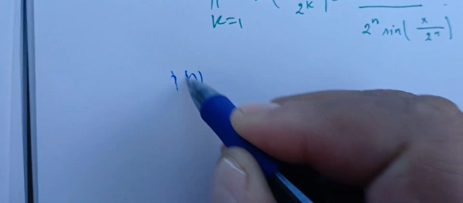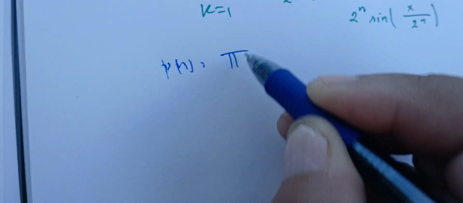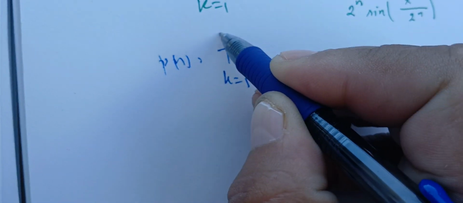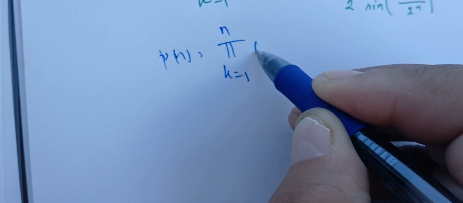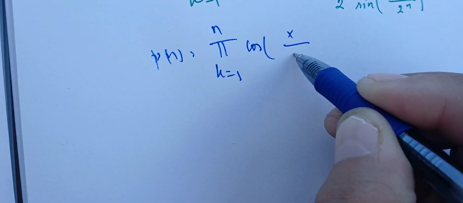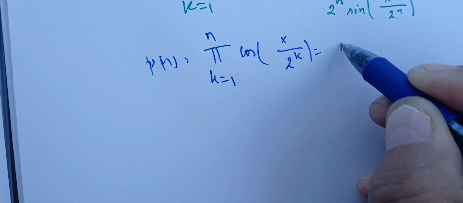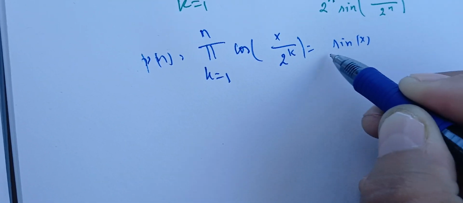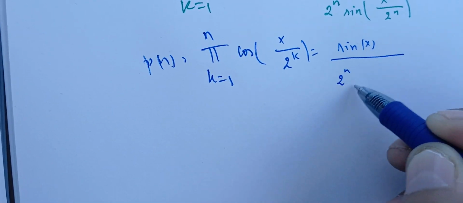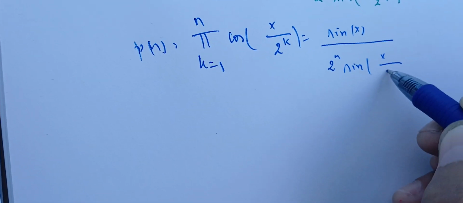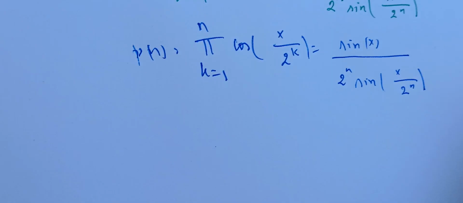To do that, let's call P of n the statement that the product going from 1 to n of cosine of x over 2^k is sine of x over 2^n sine of x over 2^n.